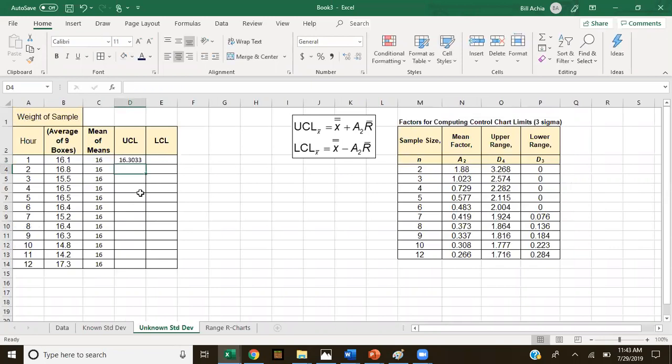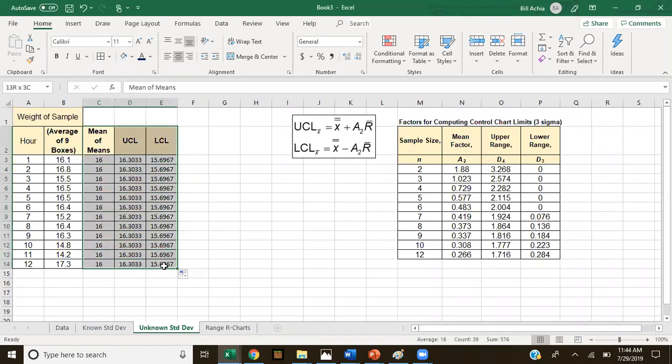Now let's calculate our lower control limit, which again would be 16 minus your A2, which is 0.337, multiplied by your R bar, which is 0.9. And that again gives us our range of data for the mean, which is our X double bar, our UCL, and our lower control limit.